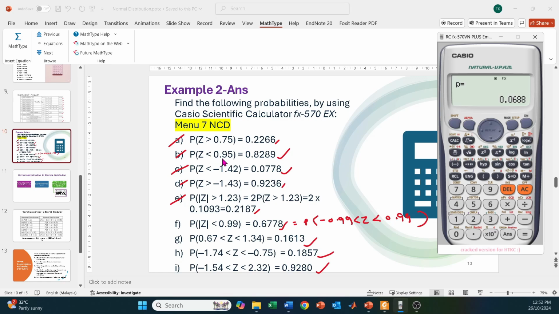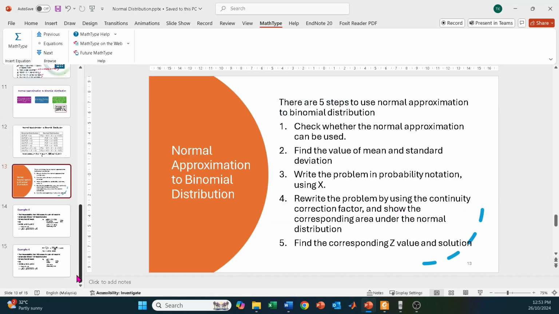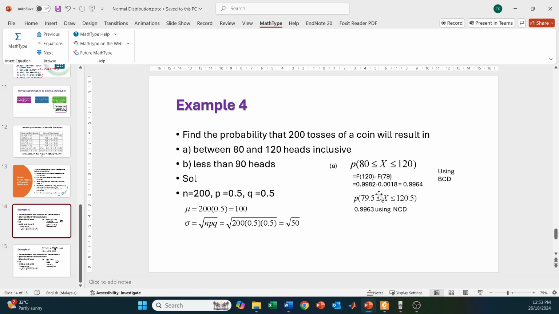If less than, this is the upper bound and the lower bound is a very small number. If between, this is the lower bound and this is the upper bound. If you are given X from a binomial, it can be approximated by the normal, with lower and upper bounds, where mu is n times p and sigma is the square root of npq.